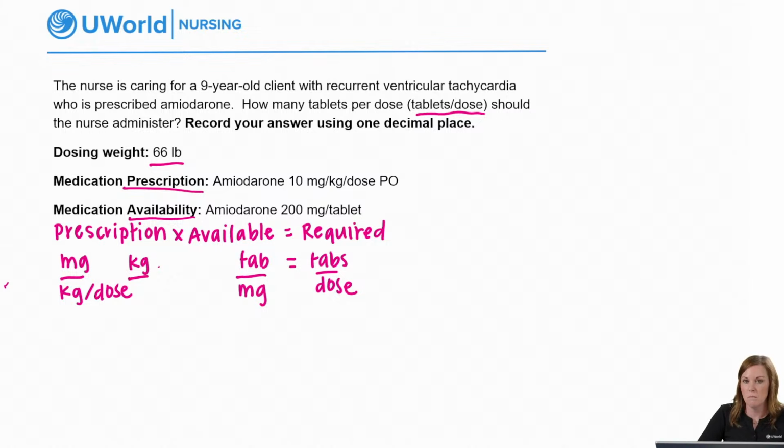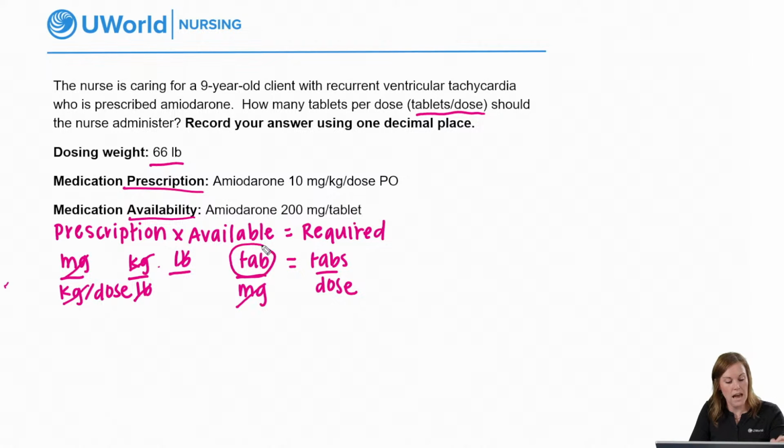Simple conversions, we know 1 kilogram equals 2.2 pounds, and we have our client's weight in pounds. So we're going to cross these out, make sure everything is communicating nicely. On the top we're going to have tab, which is great, and on the bottom we have dose, which is what we're looking for.